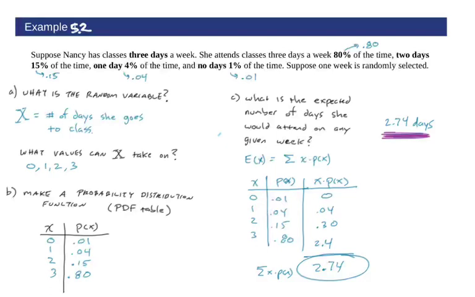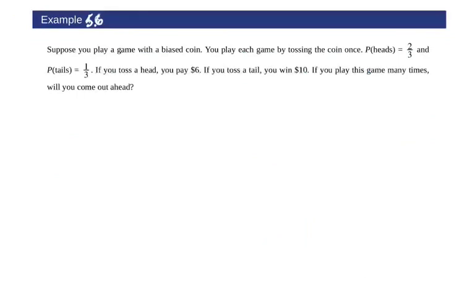Okay, let's try another problem with some expected values here. So let's suppose we're playing a game here with a biased coin, so not a fair coin here. And it's just a simple game, whether you get heads or tails, and we're either going to win or lose in this case here. So in order to get the expected values here, we're going to want to make a table.